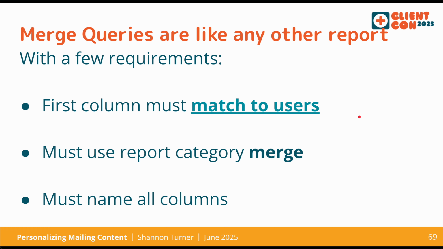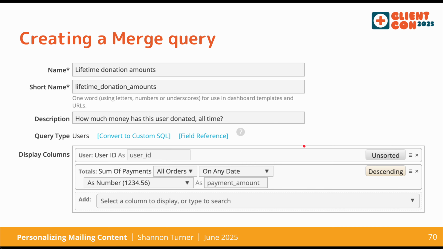Or you could do it a little more generally for zip code or house district or state. With merge queries, that's a little less common. You have to use the report category merge. This is what tells ActionKit that you want to use this in your mailing to personalize it. And you have to name all of your columns.